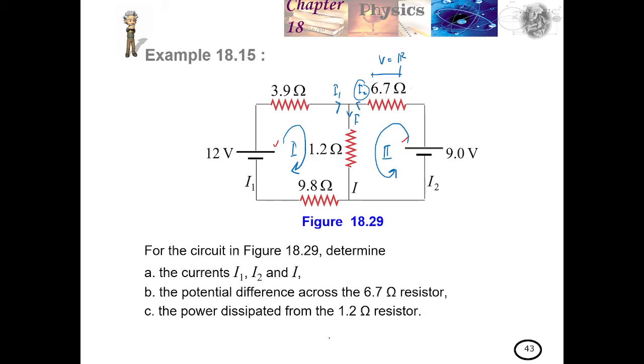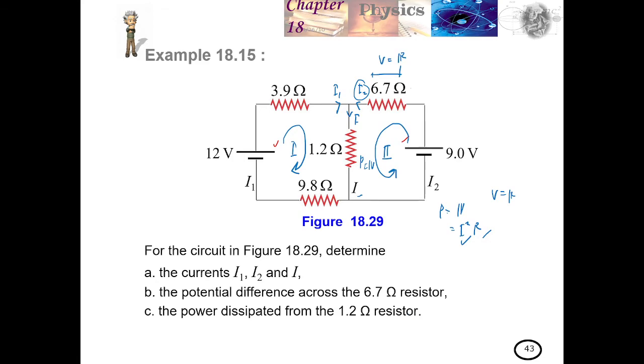Then the power dissipated in the 1.2 ohm resistor: P equals IV and V equals IR, so P equals I squared R. With the current I and R of 1.2 ohm, you can get the power dissipated.